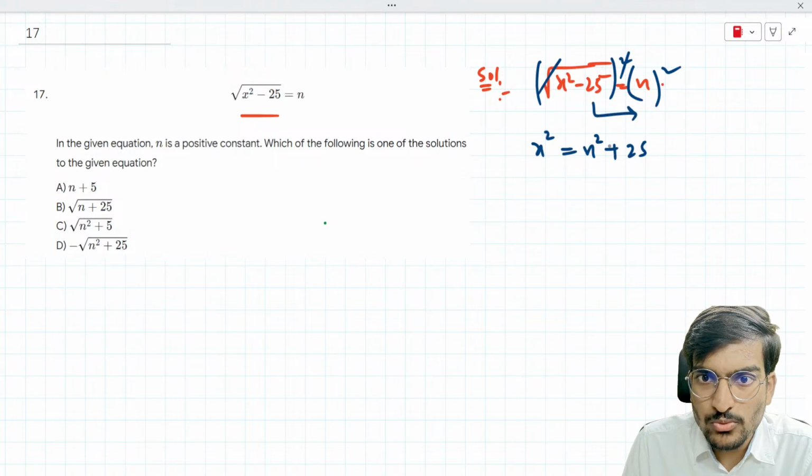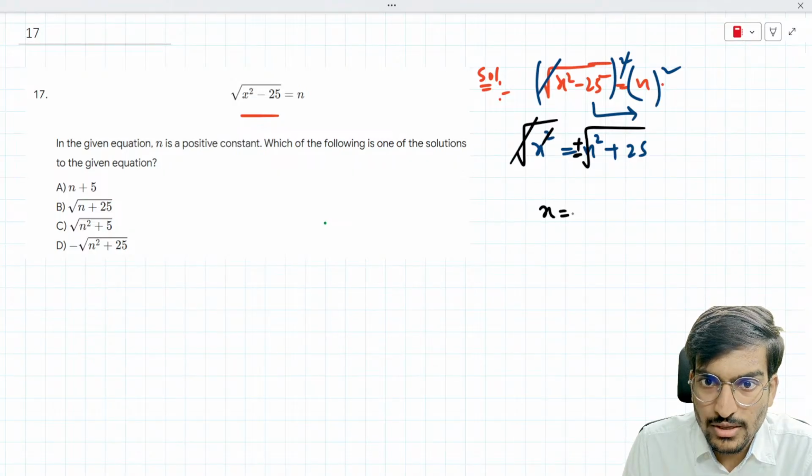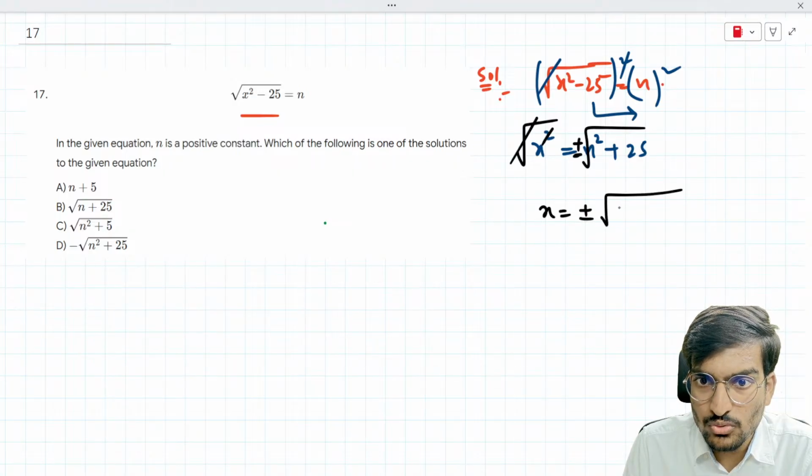I transpose 25 to the RHS. I just want the x value, so I'll take the square root on both sides. Whenever we apply square root, you need to keep plus or minus in front. So x equals plus or minus root of n square plus 25.